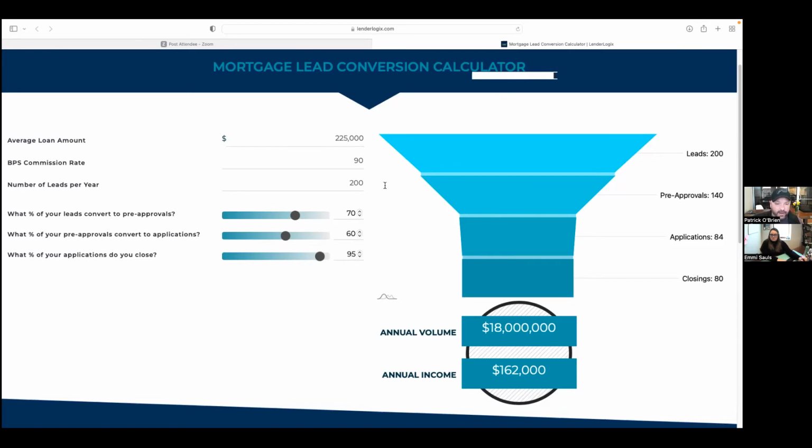These are the levers that a seasoned loan officer can pull to make incremental improvements that materially impact how much business they're doing and ultimately how much money they're making. And you can start to make decisions based on what those impacts will make to the income scenario, whether you're a company owner, a sales manager, or a loan officer.